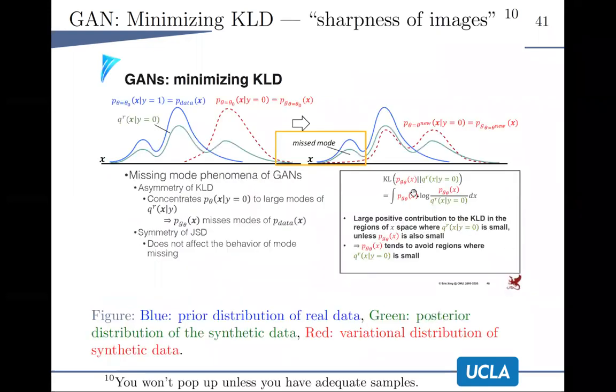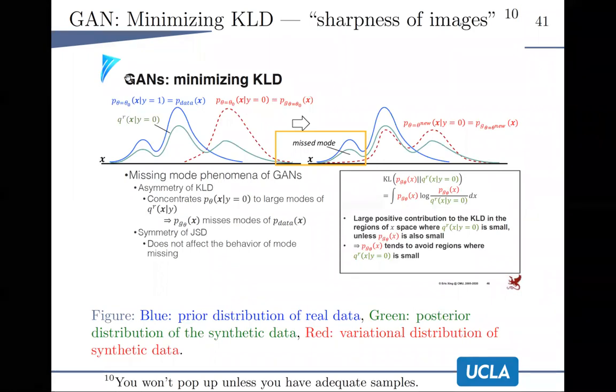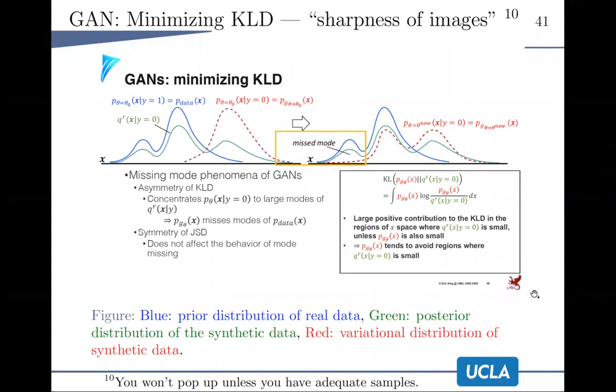And this one is exactly that slide from Professor Xing's lecture. I pasted it here because this is a very interesting illustration that tries to explain why GANs generate images that are sharp but narrow.